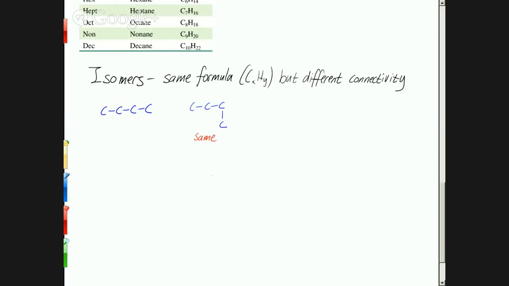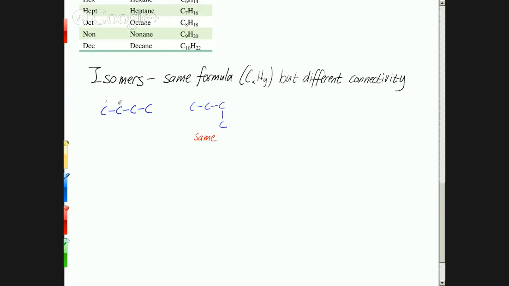Single bonds can rotate. And we know that, based on what we talked about before with the geometry, that the geometry of a 4-carbon chain is not straight anyway. It's actually kind of zigzag. So to say that we just kind of move one down here, all we've really done is rotate something. We haven't actually changed the way these are connected. Another way to think about that is to think about the ordering of the chain.